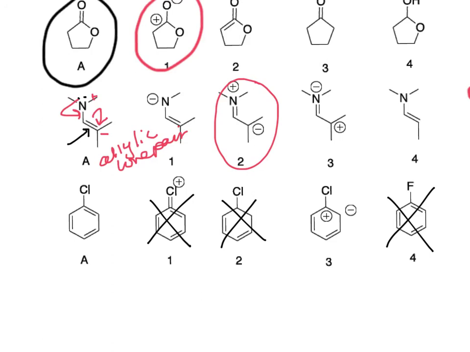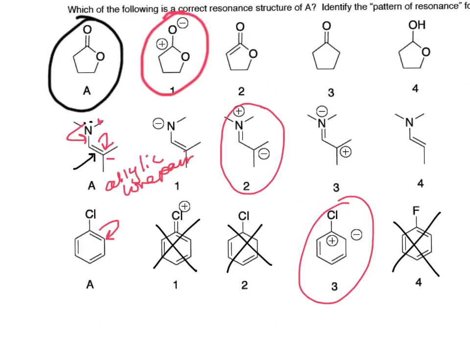If we look here to see structure 3, those electrons moved out onto the carbon. This would come in the form of the pi electrons moving around the ring, but it would not be a major contributor to the resonance structure. So this ends our discussion of recognizing patterns in resonance.